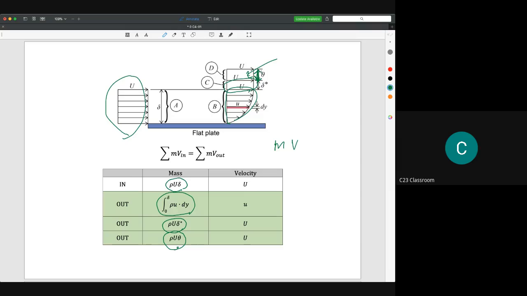Then the velocity: the input velocity is capital U. The velocity for B area is small u, and the velocity for C and D is capital U.